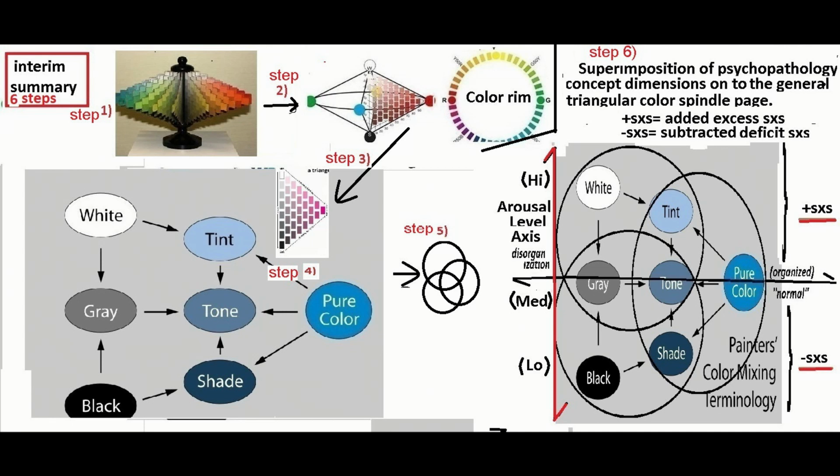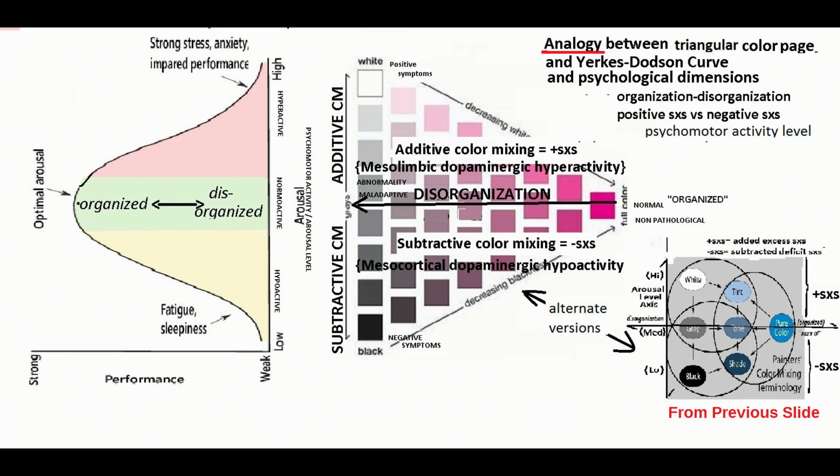They're abnormal symptoms that are added on, and the negative symptoms are subtracted deficit symptoms. In other words, these are behaviors that are normal that people lose in mental illness, such as attention, for instance. People have attention disruption in almost any psychiatric disorder. And so here's just a reiteration of that.